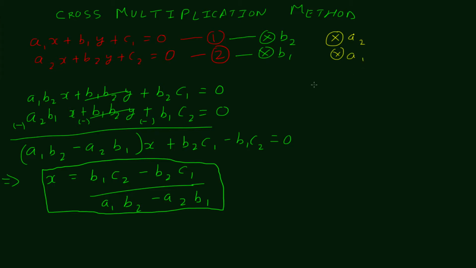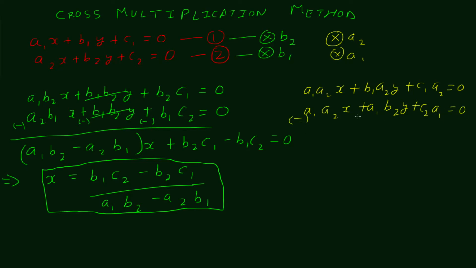The equation that we will get would be a1 a2 x plus b1 a2 y plus c1 a2 is equal to 0, and the second equation would be a1 a2 x plus a1 b2 y plus c2 a1 is equal to 0.